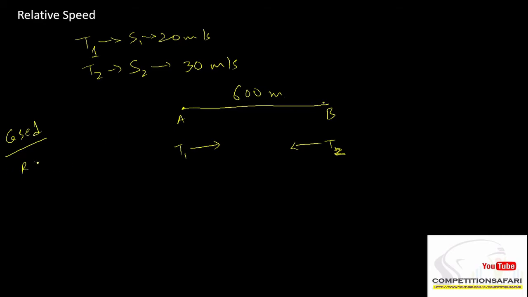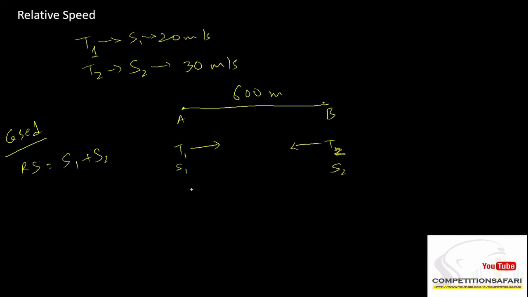So the relative speed in this case will be the addition of the speeds s1 and s2. They are traveling with speeds s1 and s2.